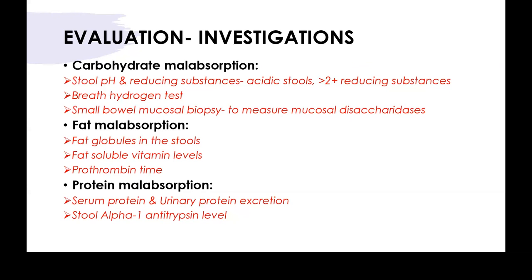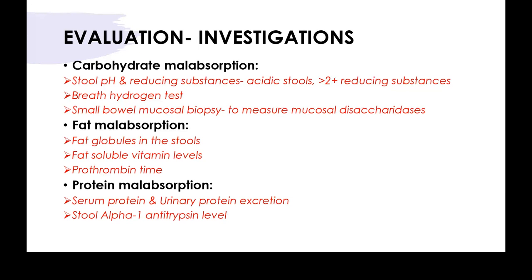So if you have the facility to check the vitamin levels of a particular fat soluble vitamin, that will give a good idea. Then checking the prothrombin time. So you know prothrombin time is dependent on vitamin K. So if there is vitamin K deficiency, that will suggest fat malabsorption. So prothrombin time is an indirect way of checking fat malabsorption.